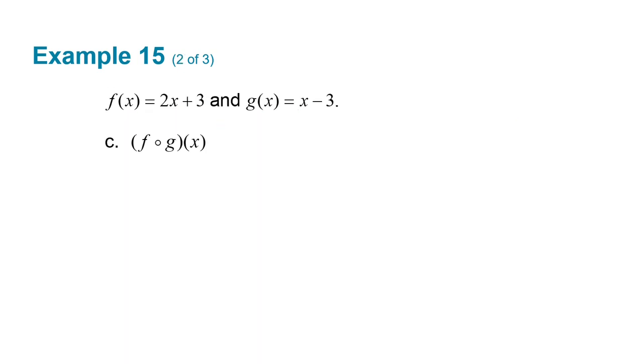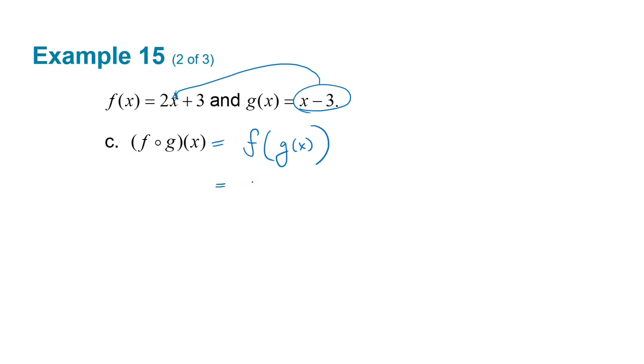In part C, let's find f of g of x. What that means is the entire function g, which is x minus 3, goes into the x of the function f.